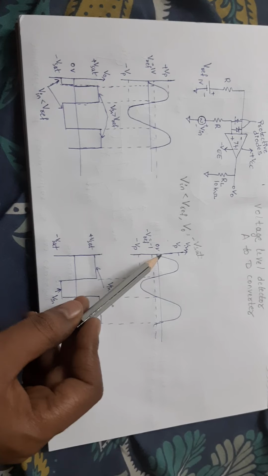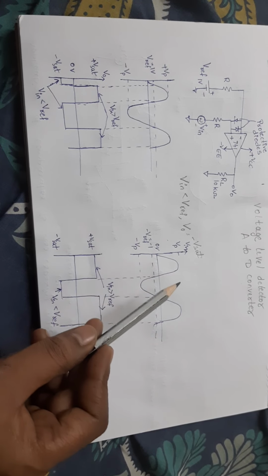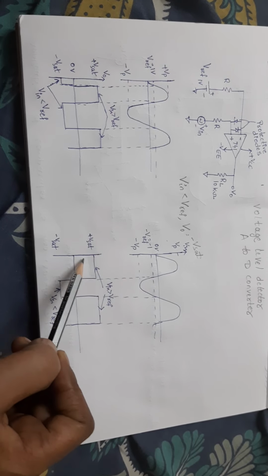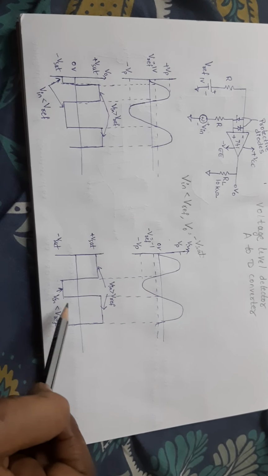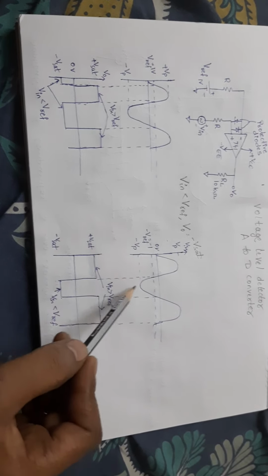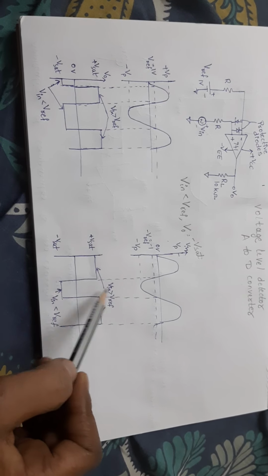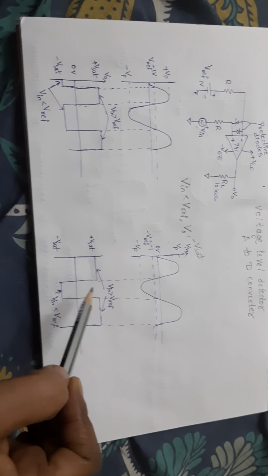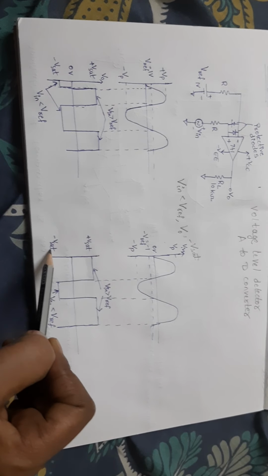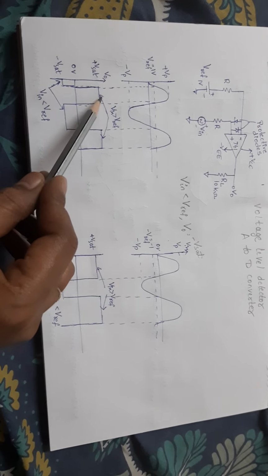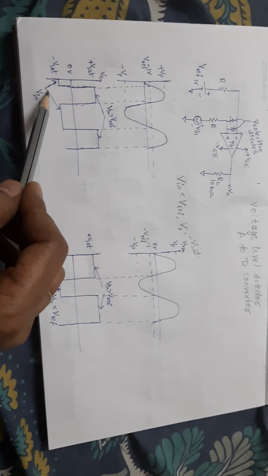So whenever the input is greater than V reference, the output is at positive Vsat, and whenever Vin is less than V reference, the output is at negative Vsat. So the output fluctuates between plus Vsat and minus Vsat.